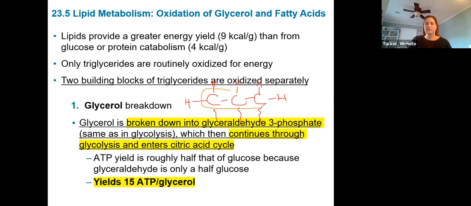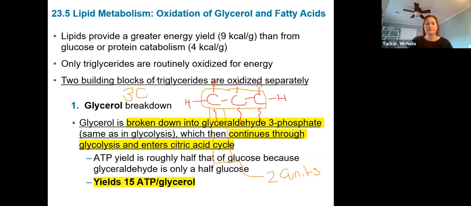Glycerol gets oxidized as a 3-carbon fragment. And then the fatty acids are going to be broken apart into 2-carbon units, because most fatty acids are 14, 16, 18, 20, 22 carbons long. And so those get chunked off into 2-carbon pieces.